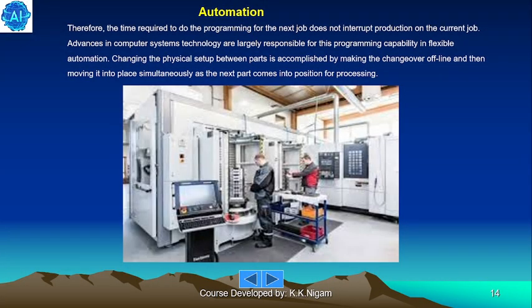Therefore, the time required to do the programming for the next job does not interrupt production on the current job. Advances in computer systems technology are largely responsible for these programming capabilities in flexible automation. Changing the physical setup between parts is accomplished by making the changeover offline and then moving it into place simultaneously as the next part comes into position for processing.